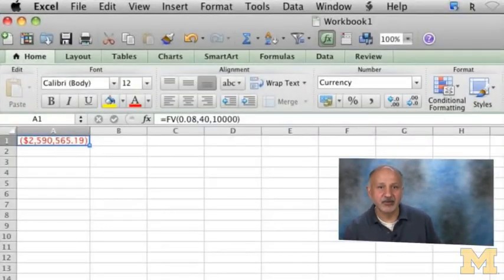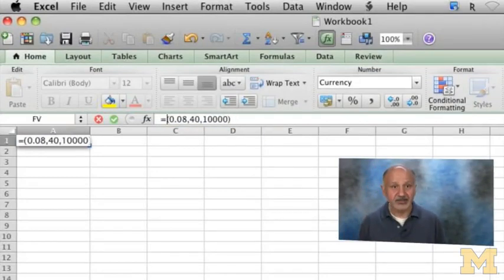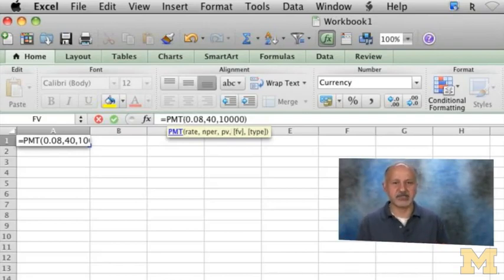Okay. The good news is I have the same problem set up over there. But now what do I do? And this actually helps. I have the last problem. What do I change? FV to PMT. Why did I do that? Because as I said earlier, in this particular example, I do not know one of them, and that's PMT.